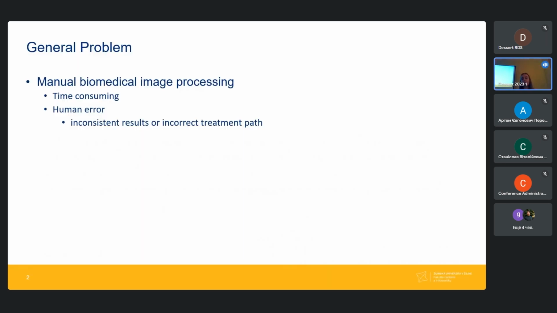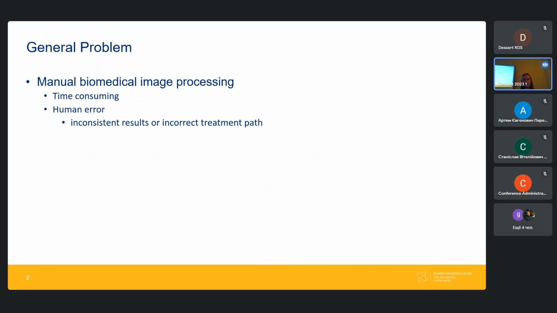Well, the general problem that is currently being observed is manual biomedical image processing, mainly in laboratories where they have large data sets from a microscope or similar products.